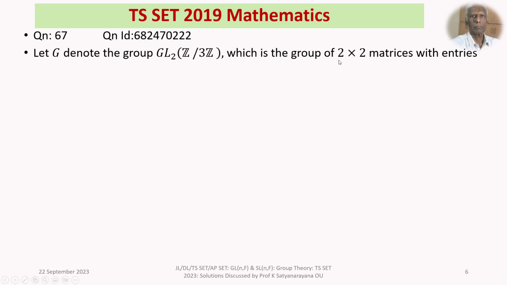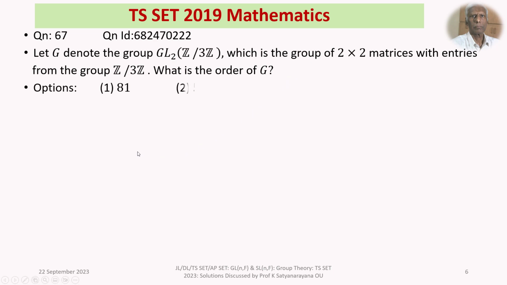G is the group of 2 by 2 matrices. Here the word non-singular is missing, it should be there: 2 by 2 non-singular matrices with the entries from Z/3Z, that means Z3, that is Zp for p equal to 3, which is a finite field. And the question is, what is the order of G? And we are given 4 options. Agreed. Now, solution.